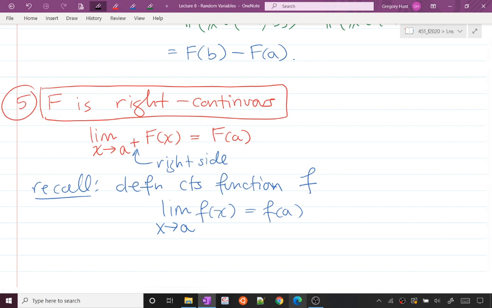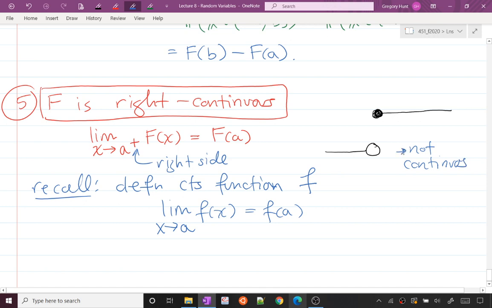What is it practically? How do you draw a picture of it? We noticed that we had this thing that looked like a step function, with all these jumps in the CDF, and this is not continuous. Because these two things are not equal: I can take the limit from the left here, and it's not equal to my function value.